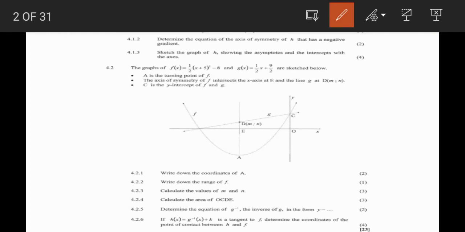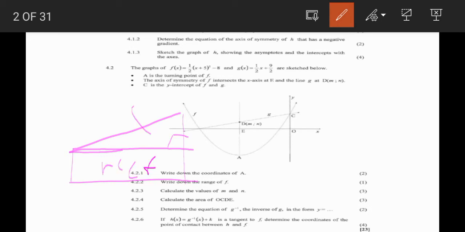If I draw out this shape, you will see that if you cut it here, you have two shapes formed out of this trapezium: the right angle triangle and the rectangle.